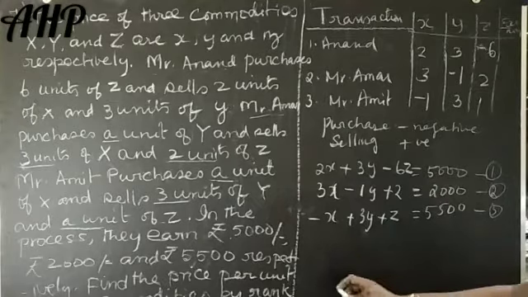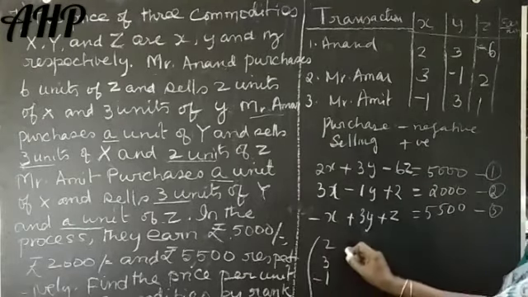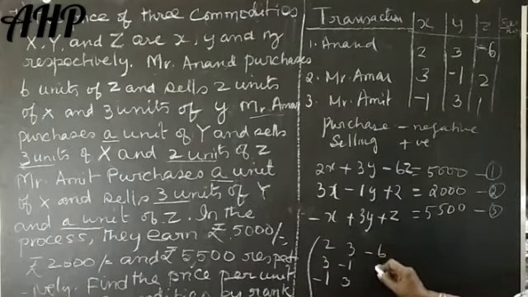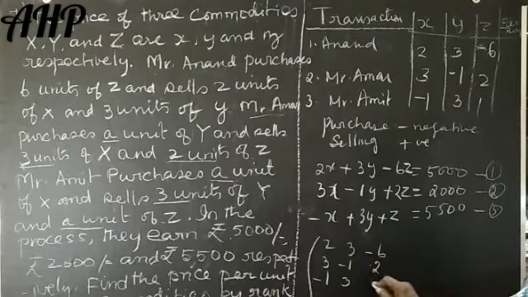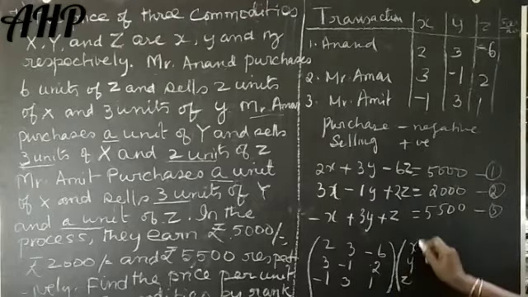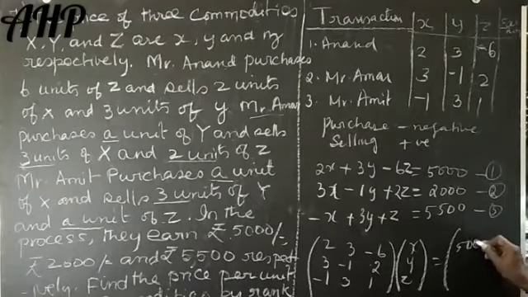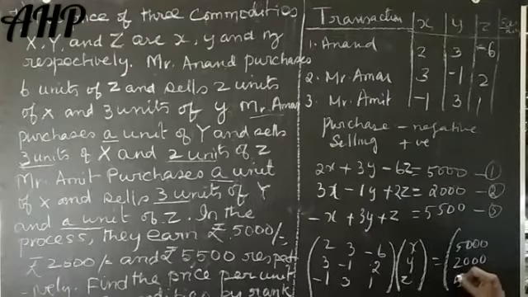So writing this in the matrix form, we get 2, 3, minus 6, 3, minus 1, 2, minus 1, 3, 1 times x, y, z is equal to 5,000, 2,000 and 5,500.